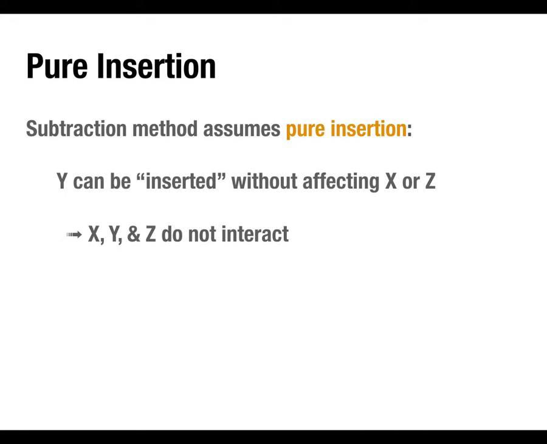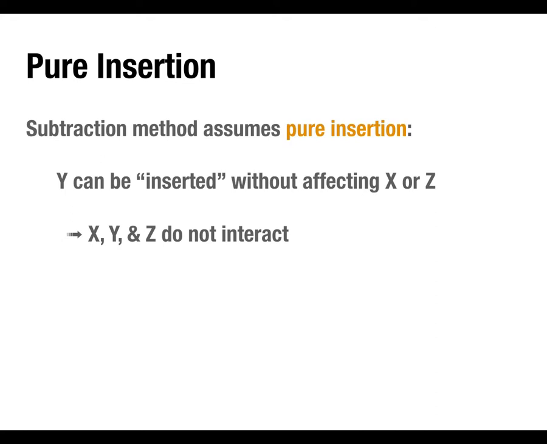So again, in the simple example of we hear a word and we have to make a verbal response, we insert the task of making a judgment around animacy and saying that out loud, and we assume that doesn't affect our perception or our response ability.